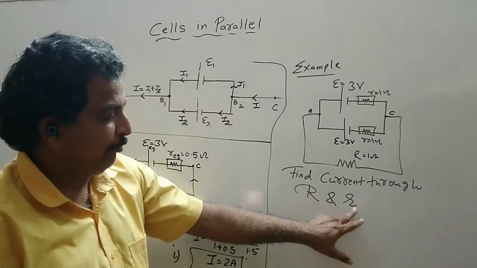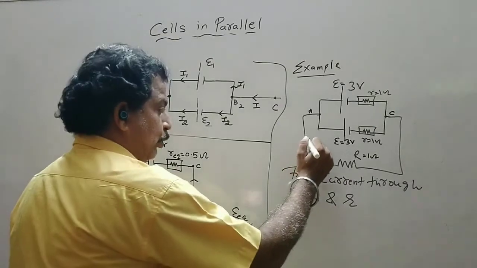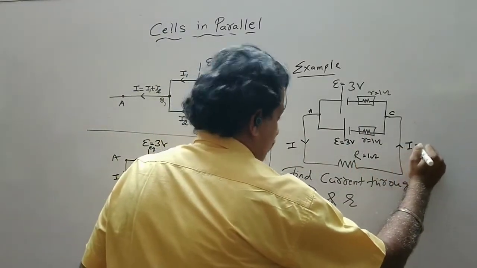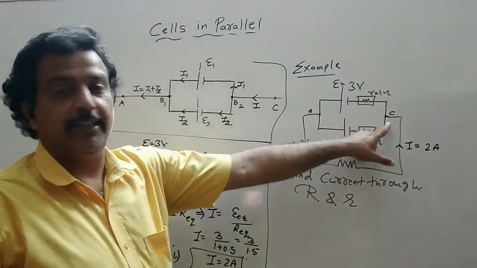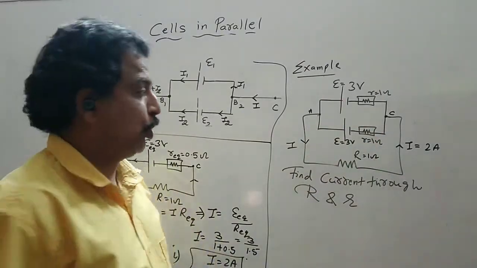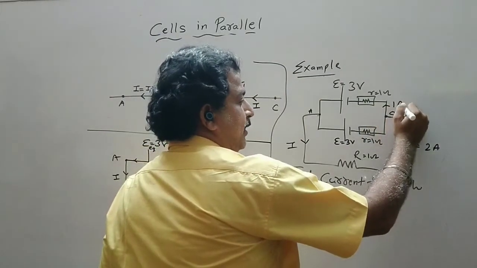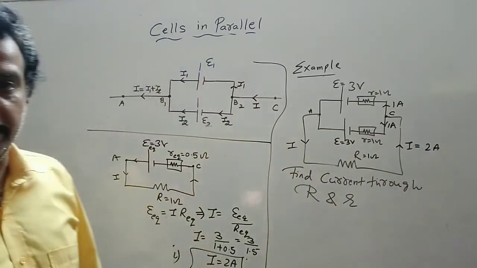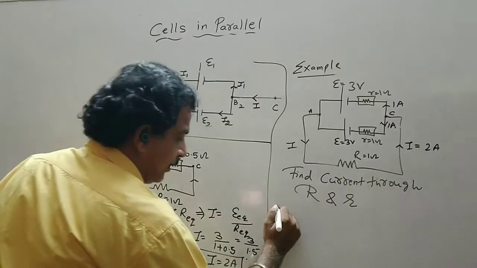Now current flowing through this small r. If the total current is I, that is 2 ampere, then at this point the division of the current takes place. Both the cells are identical, so current flowing through this is 1 ampere, and current flowing through this is 1 ampere. So current flowing through external resistance is 2 ampere.